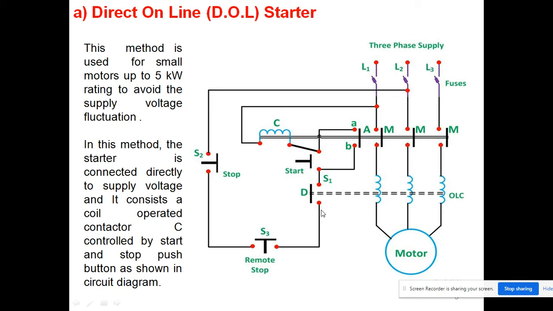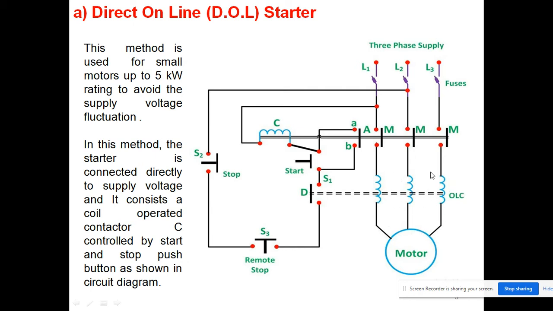So this coil will be energized. When this coil energizes, the three main switches and one auxiliary switch all shift in the left-hand direction. Then this connection will connect here, this here, and this here. So in this case, our three-phase power supply is directly connected to our motor.